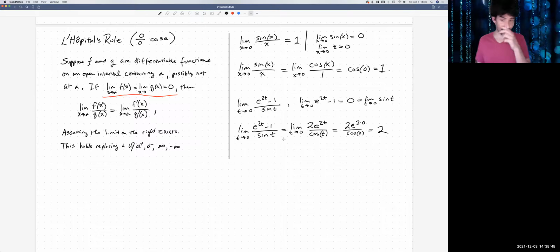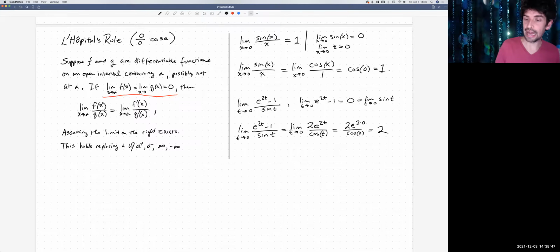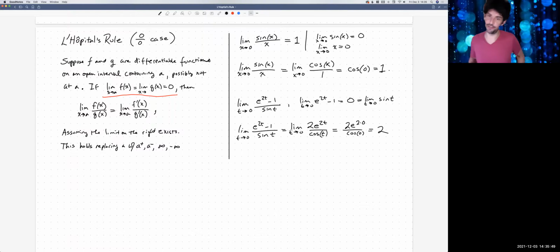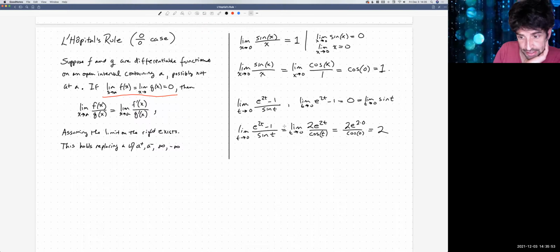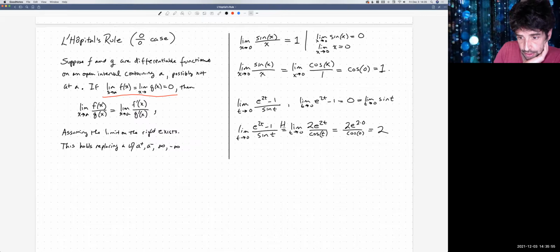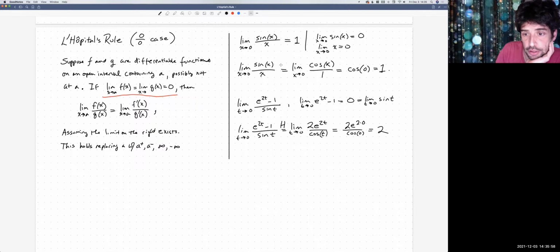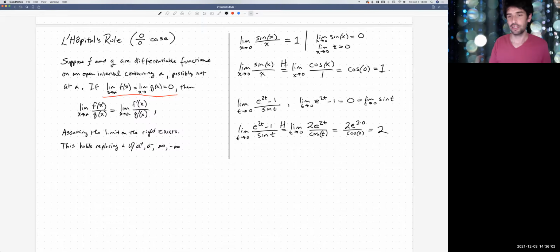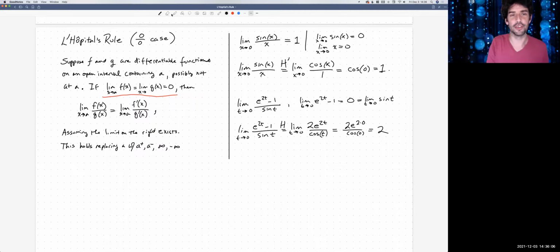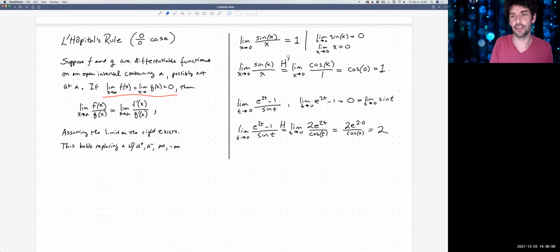What I wanted to mention is I haven't seen a standard notation for this, but what I like to do is leave myself a little mark when I'm applying L'Hopital's rule. I don't know why I ended up on the wrong side.